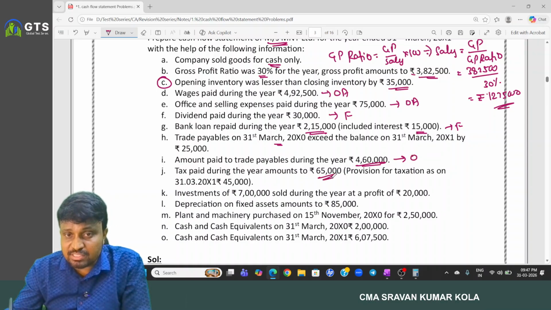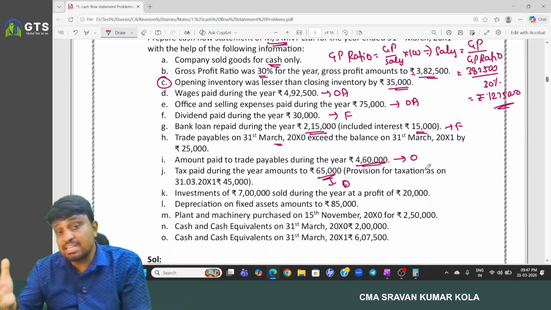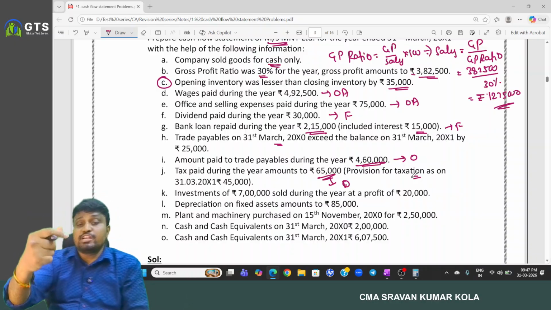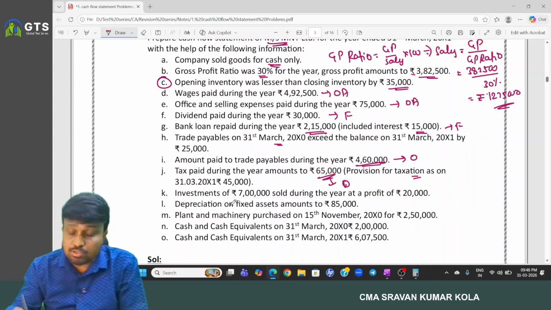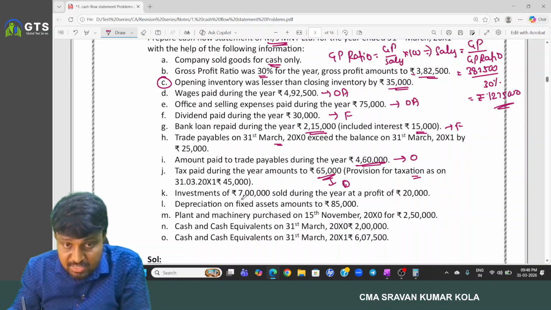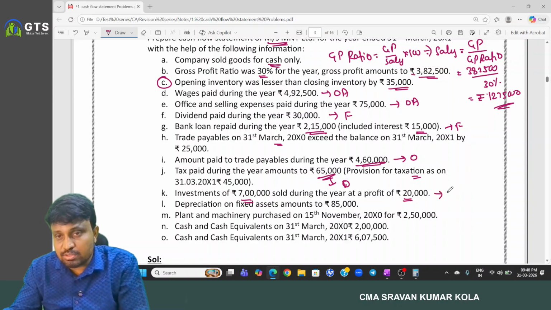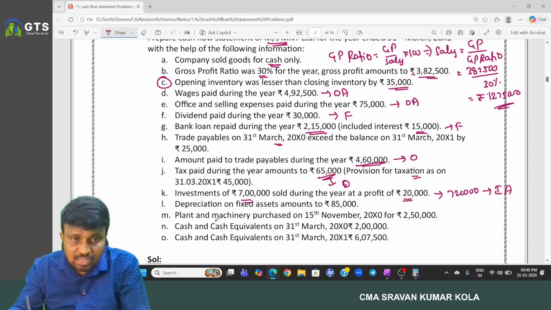Tax paid during the year is an operating activity, but provision for tax is not considered under the direct method. In the indirect method, it is required to be added back to the net profit, that is, profit before tax. Investment of 7 lakh sold during the year at a profit of 7 lakh 20,000; the 7 lakh 20,000 is an investing activity.